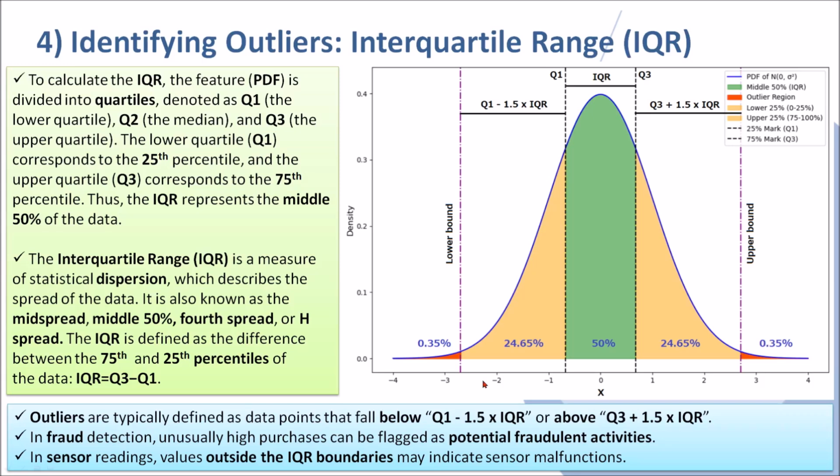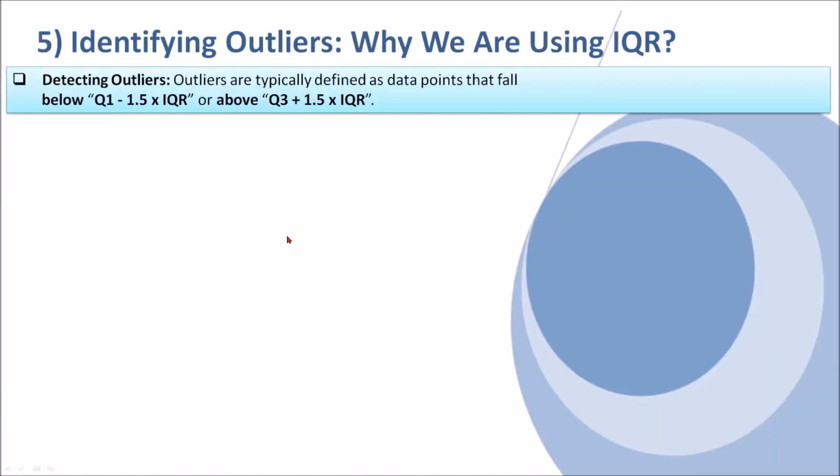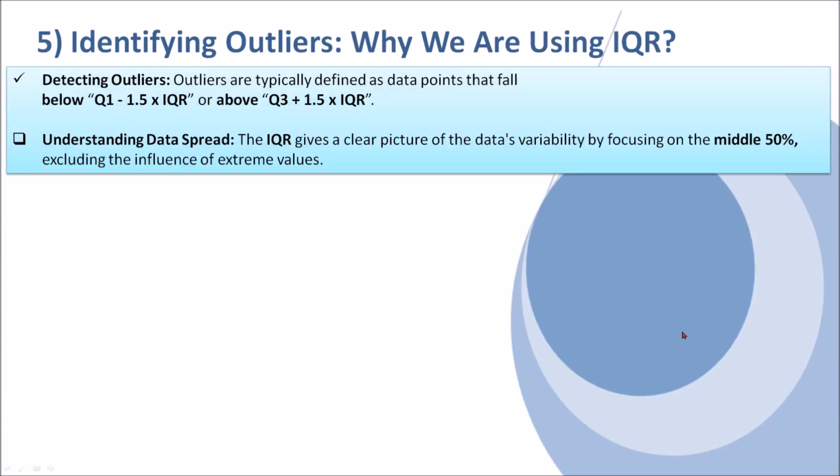Now, let's summarize this session. First, outliers are typically defined as data points that fall below this lower bound line and above this upper bound line. The IQR gives a clear picture of the data variability by focusing on the middle 50%, excluding the influence of the extreme values.